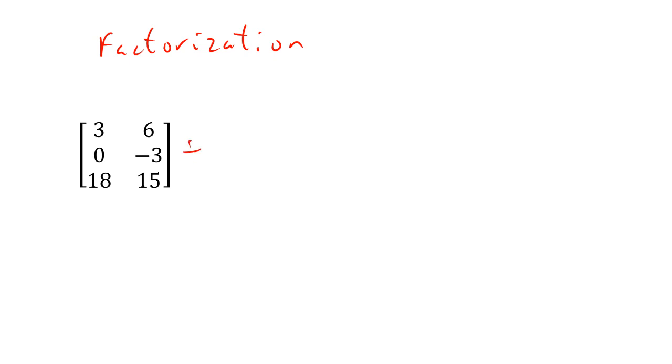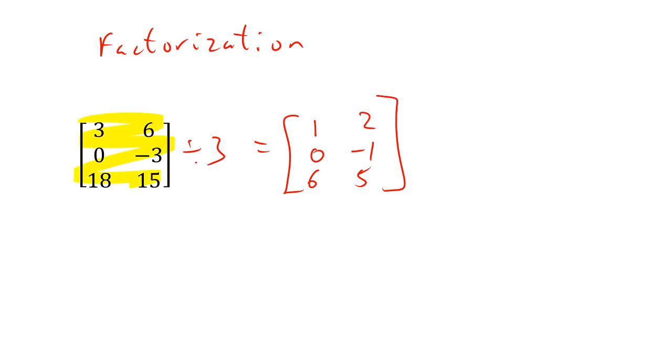So if I divide everything by 3, you get 3 divided by 3, 1, 6 divided by 3, 2, 0 divided by 3, 0, negative 3 divided by 3, negative 1, 18 divided by 3, 6, and 15 divided by 3, 5. So we can see that the matrix we've got here is the same as 3 lots of 1, 2, 0, negative 1, 6, 5.